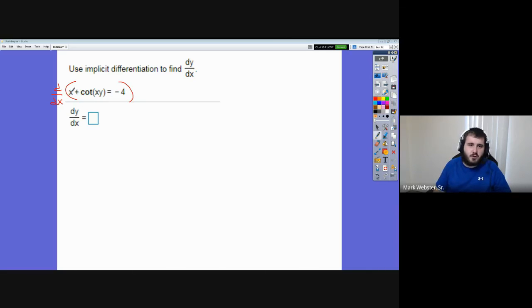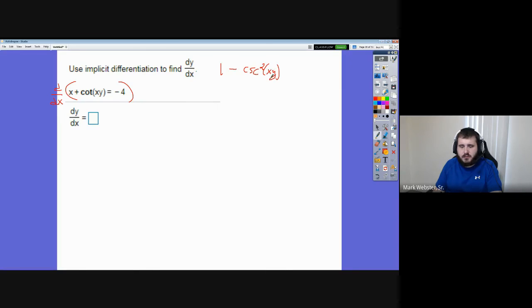All right, so we take the derivative of each piece. Derivative of x, 1. Derivative of cotangent, negative. So we'll subsume this plus sign with a minus sign, right? Negative cosecant squared of xy.